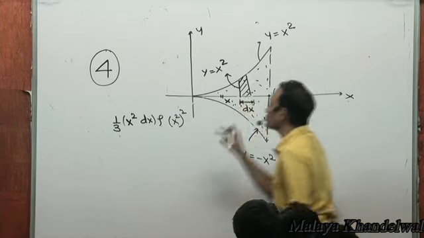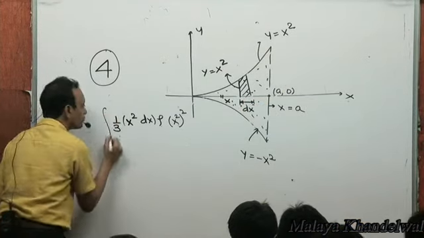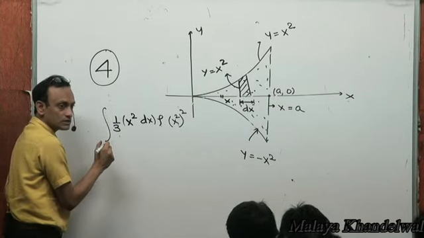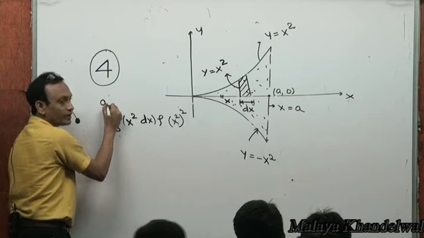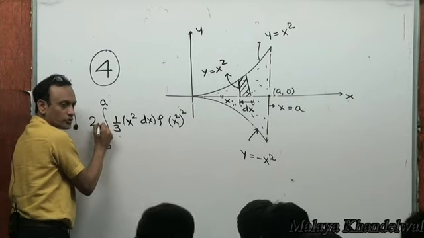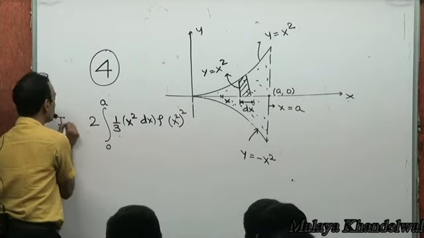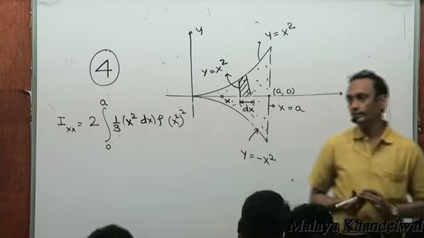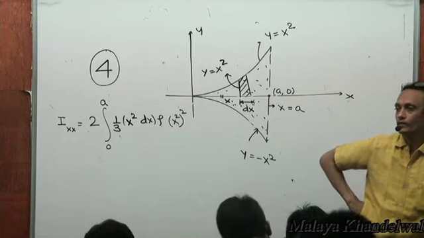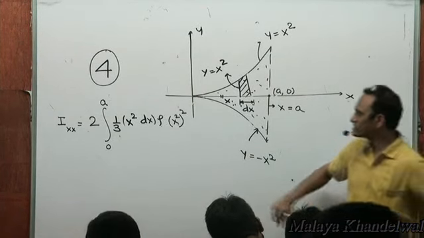The total moment of inertia of the upper half is going to be the sum of all of this, where x runs from 0 to a, and the lower half will make an equal contribution. So this will be the total moment of inertia about the x-axis of this arrangement. This is easy to compute.